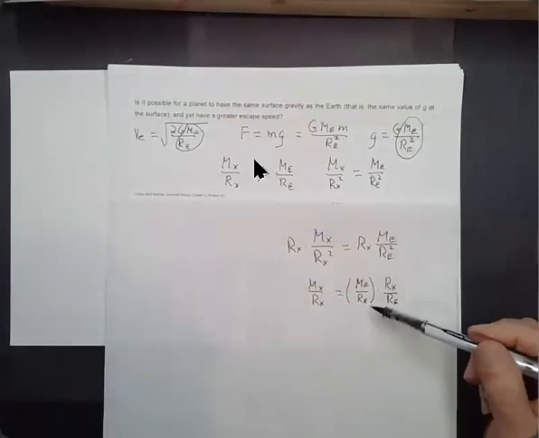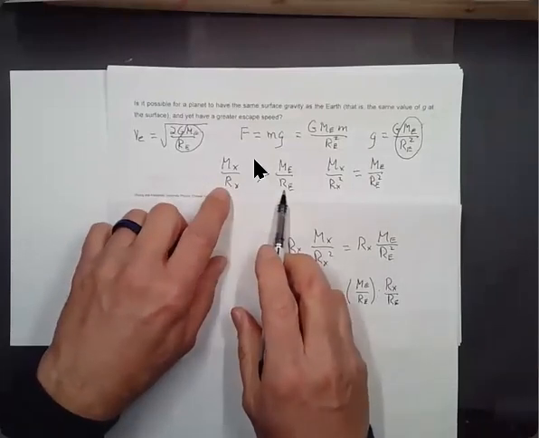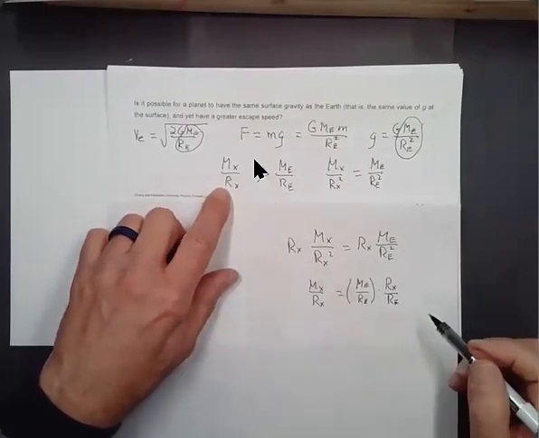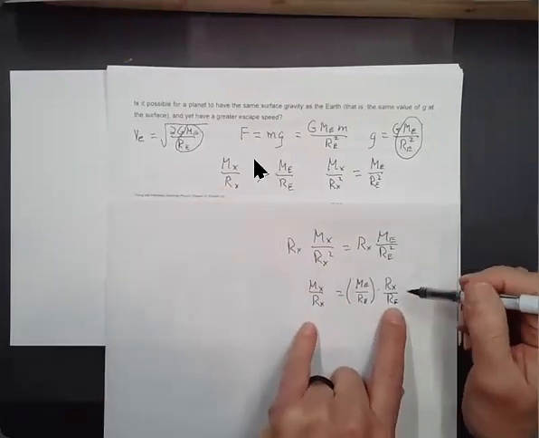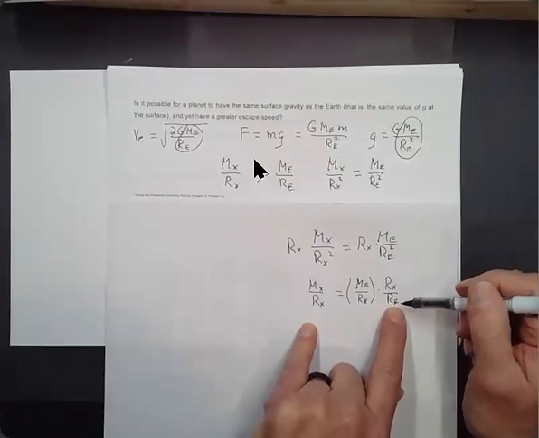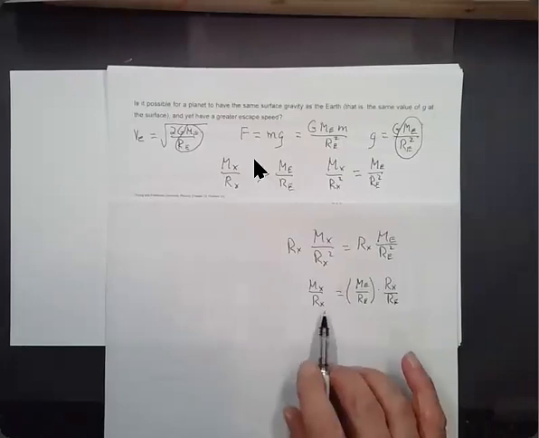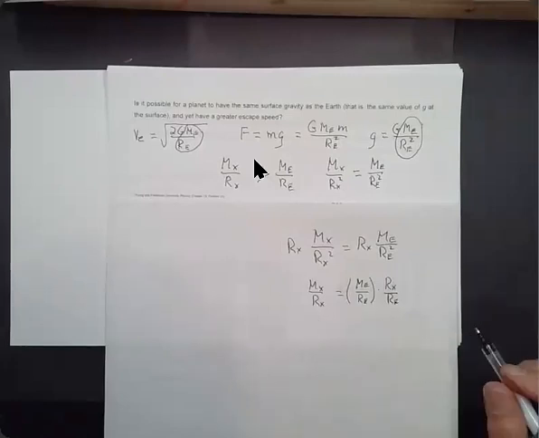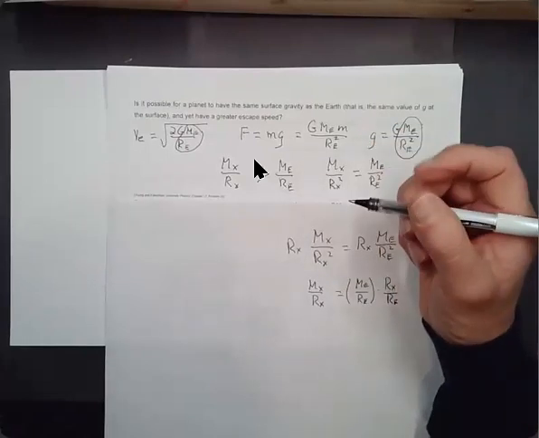And the way you can make this greater than that is just to have, this is going to be a dimensionless quantity, but you just have the radius be bigger than the radius of the Earth. And that way, this still has to be an equality, but it'll make that be the same.